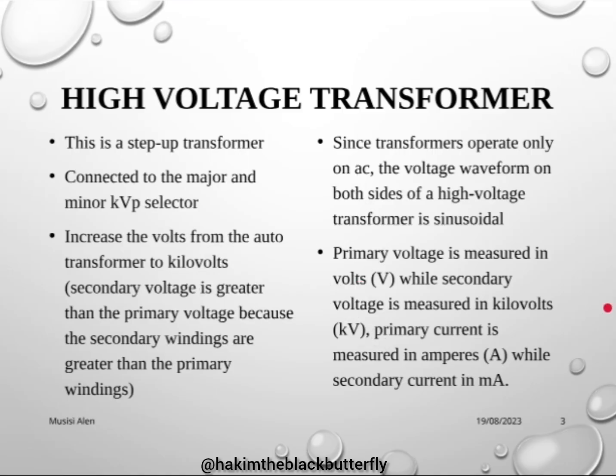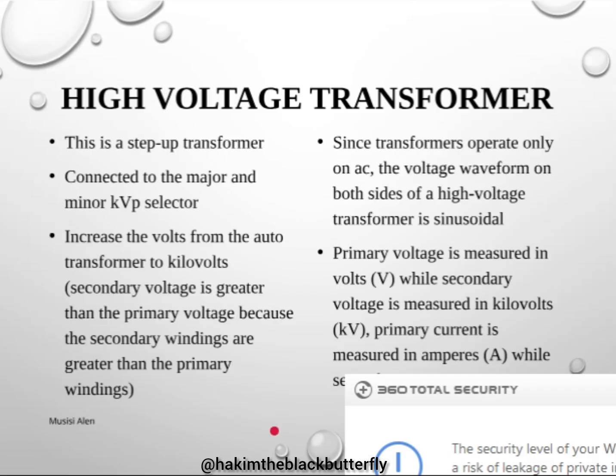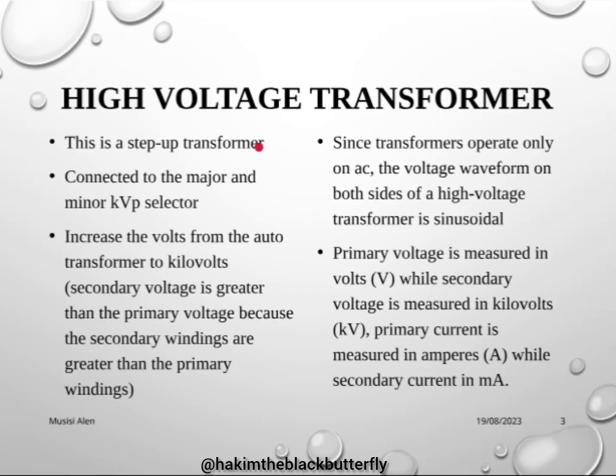Since transformers operate only on AC, I mean alternating current, the waveform on both sides is sinusoidal. So the voltage on the primary side is sinusoidal. Also the voltage on the secondary side will be sinusoidal, though its amplitude is a little bit higher than that of the primary.